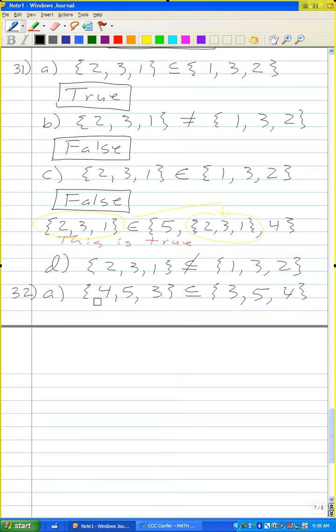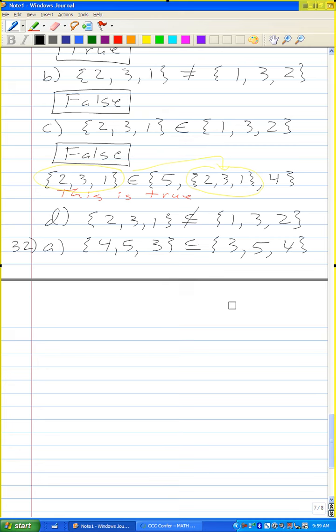Well, this set is a subset of this set if every member of the first set is a member of the second set. Is 4 a member of this set? Yes. Is 5 a member of this set? Yes. Is 3 a member of this set? Yes. So therefore, this is a true statement.